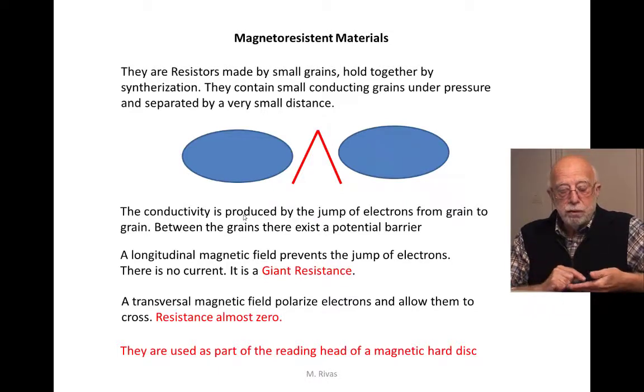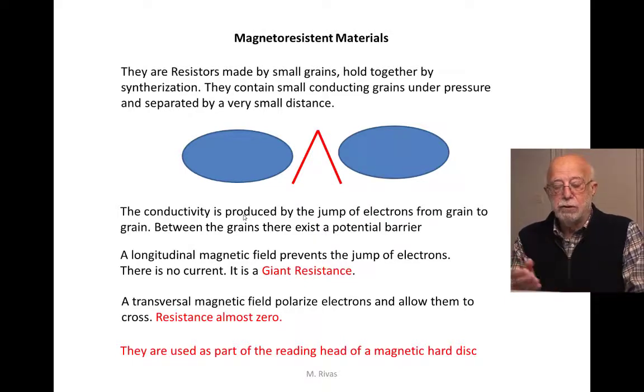The transversal orientation produces the crossing. So the zeros and ones recorded on the magnetic disk are transformed into the current occurring through this electronic device to recover the data recorded on a magnetic hard disk.